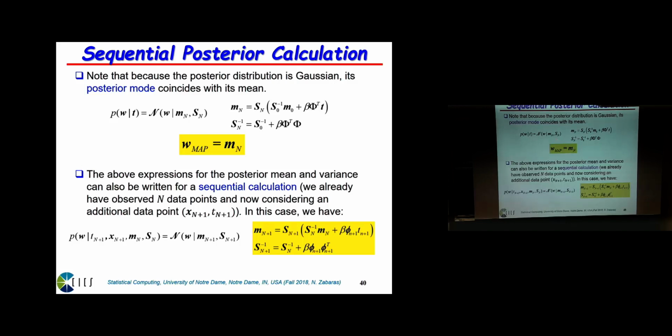So if your data are very complicated, very high dimensional, you don't have to save them in the computer, compute all of this, and then say this is P of W. What you can do is use these equations iteratively, compute, let's say, the covariance and the mean up to data point n, then get a new point n plus 1 and just update.